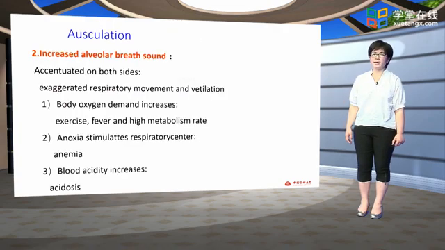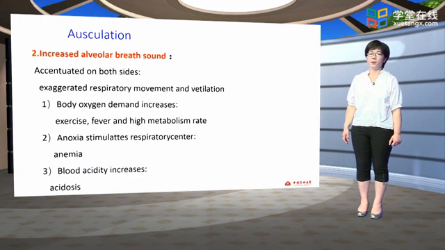And the second is increased alveolar breath sound. It can be accentuated on both sides, with exaggerated respiratory movement or ventilation. The first is increased body oxygen demand. If you do exercise, you need more oxygen, so you breathe more deeply and more quickly.